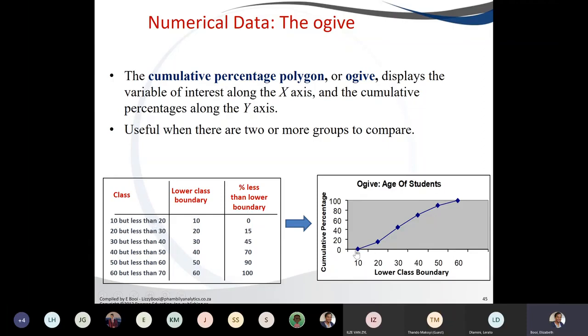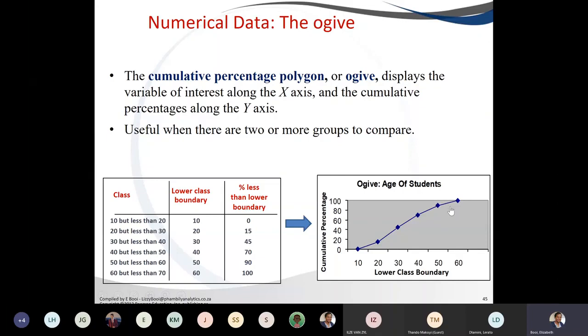When we use the midpoints, it makes it easier. But when we use the lowest class boundaries, we won't have anything for that one either. So it will start at 10. And then when it goes to 20, remember at 20, there were other categories, including 3, so it will be 15, and so forth.